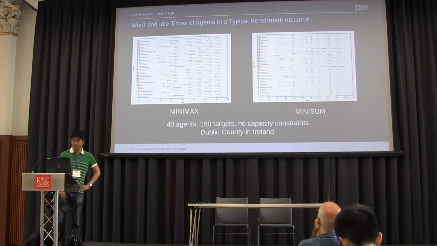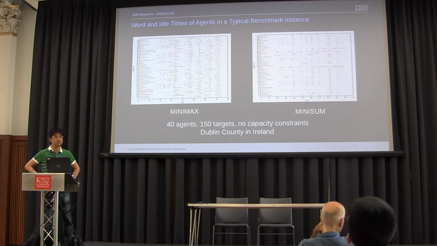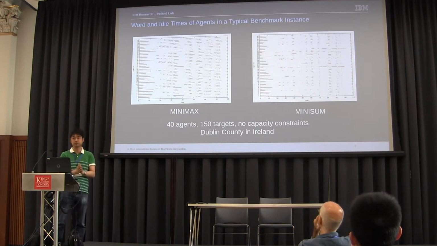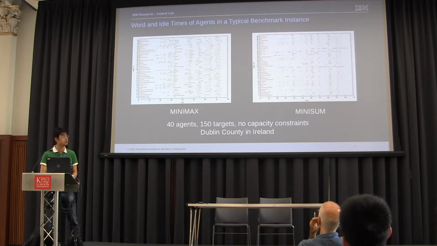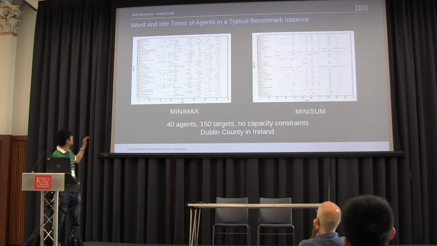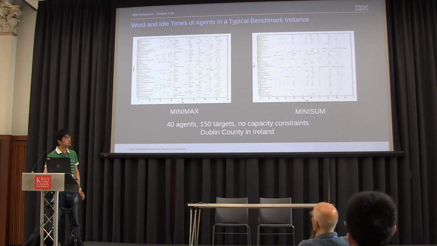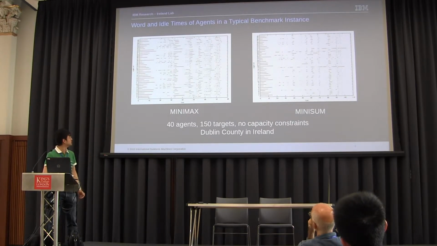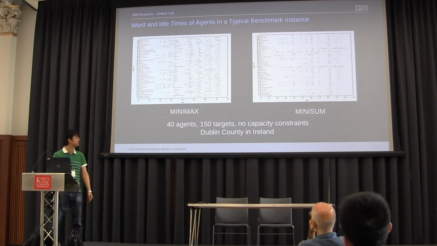Let me show you how this is a problem when we have an algorithm that is combined with a pathfinding procedure for locations. In this case, we use 40 agents, shown in this line, and this is time. The red line means that the agent is working, while the missing part means that the agent is sitting idle, doing nothing.